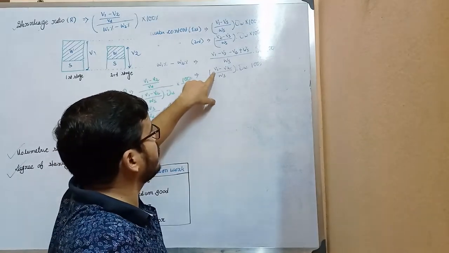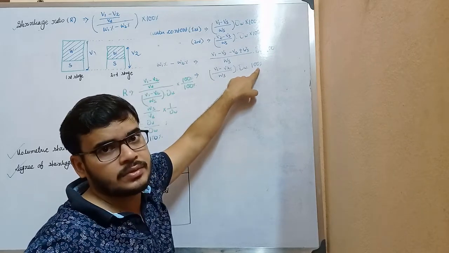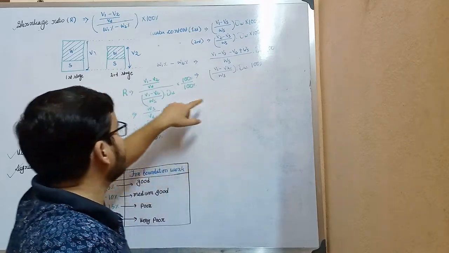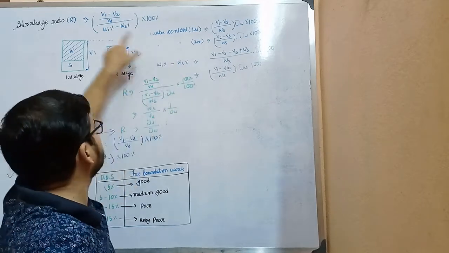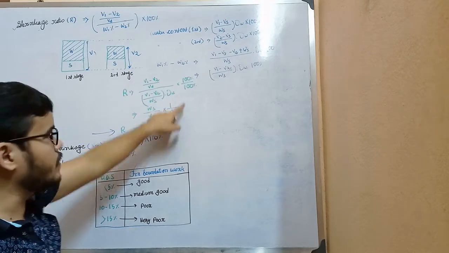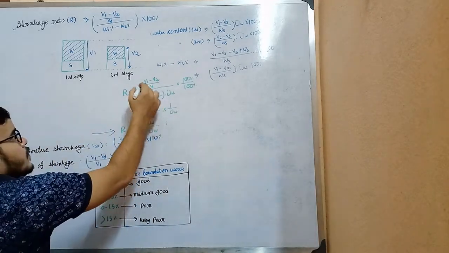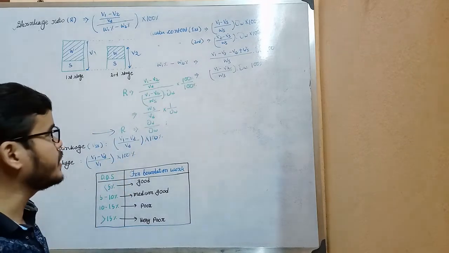Okay, then you are getting the value (V1 minus V2) by Ws into gamma W into 100. And now you put this value of W1 percentage minus W2 percentage here, and then (V1 minus V2) by Ws into gamma W.